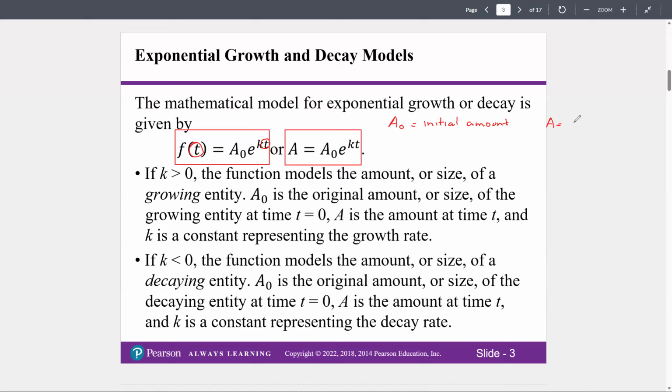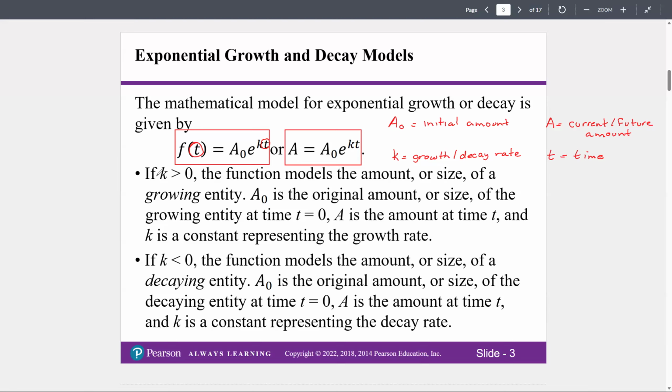A is your current or future amount, which somebody calls the future value. k is going to be your growth or decay rate, as a decimal. And t is just going to be time, whatever unit of time we have.